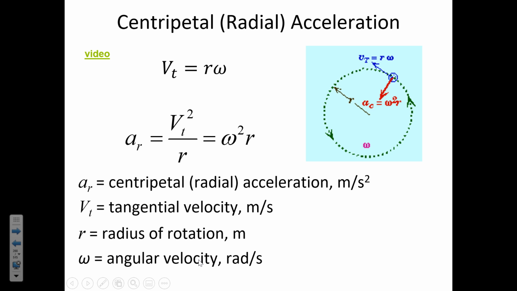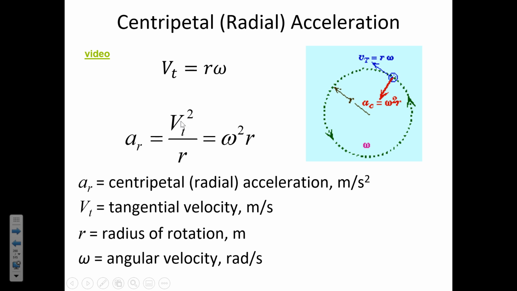Now, this angular velocity in radians per second, the thing to keep in mind is that in the SI unit system, radians is unitless. In SI, all units can be derived from 3 base units: time, length, and mass. And radians doesn't have any of those. And so when we put it into the equations, it's really just the seconds that apply.